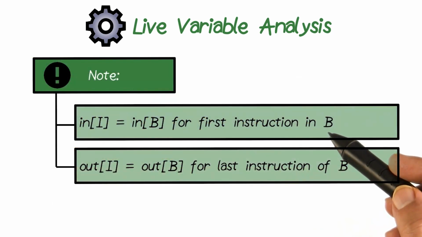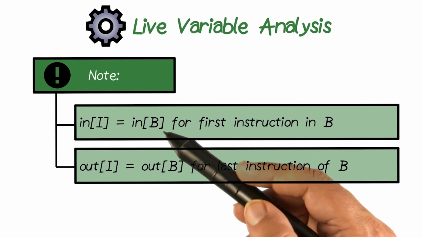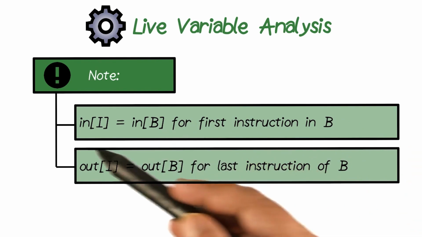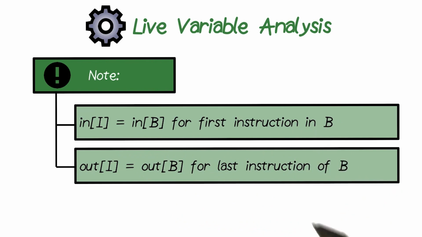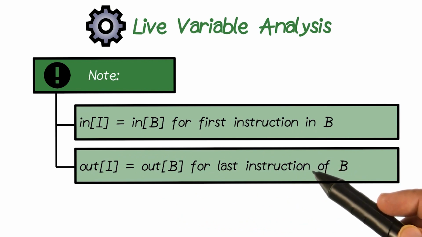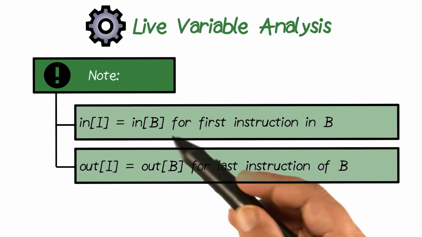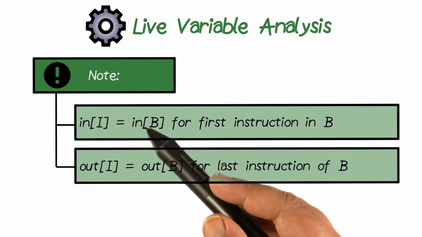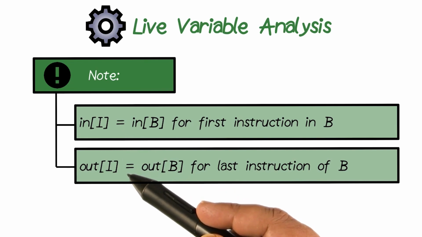Remember, here is something simple which we can easily deduce from the definitions we introduced earlier. Consider a basic block and a first instruction I in that basic block. The in set of B is the same as the in set of I, being the first instruction in B, and the out set of I, which is the last instruction of B, is the same as the out set of B. So if we find in and out sets for B, we can easily find the in and out sets for at least the first and the last instructions in the basic block.